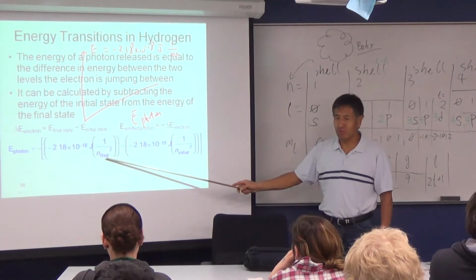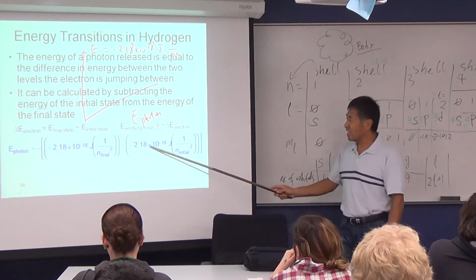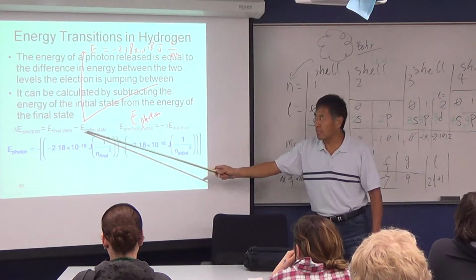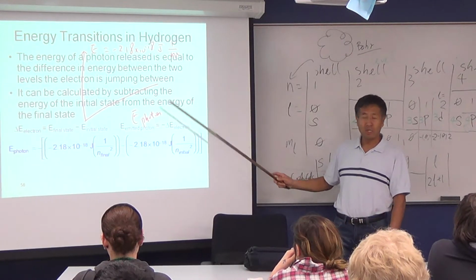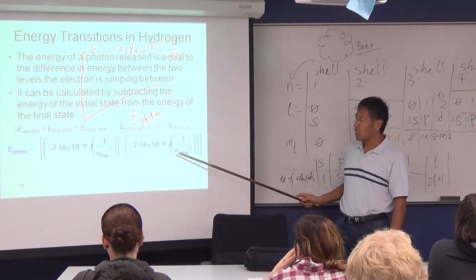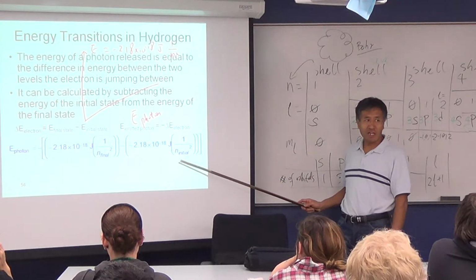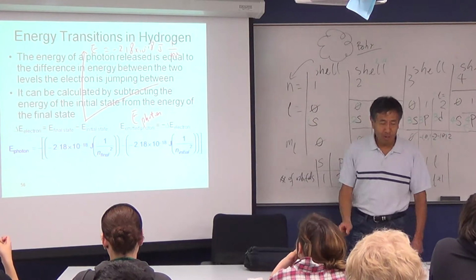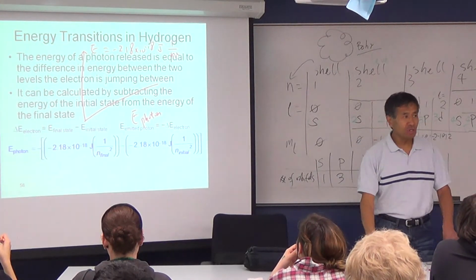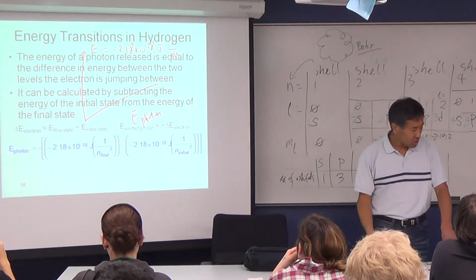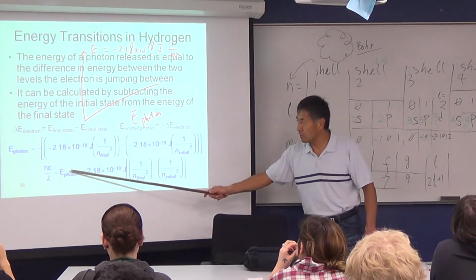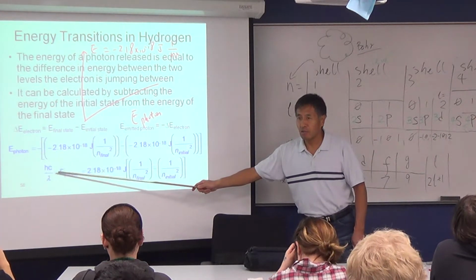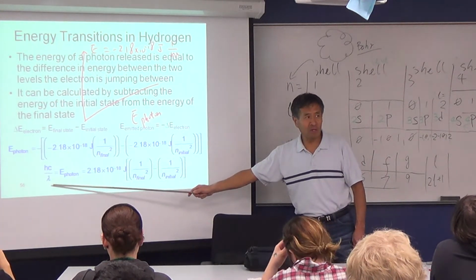And then the second one is from this, the same formula. You accumulate, okay? So you take this huge number divided by n initial squared. Once you have this equation, you can substitute what you learned in the first few sections. You know that E photon is hc over lambda.